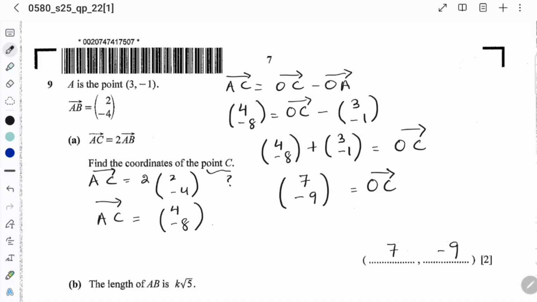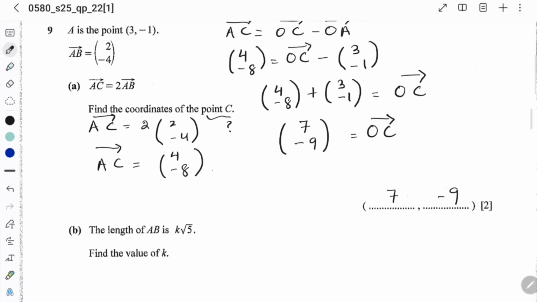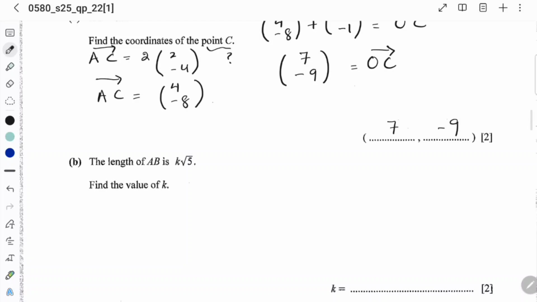Alright, now part B. The length of AB, meaning the magnitude of AB, is k square root 5. Find the value of k. So the magnitude of AB: if it is (x, y), the magnitude will be the square root of x square plus y square.